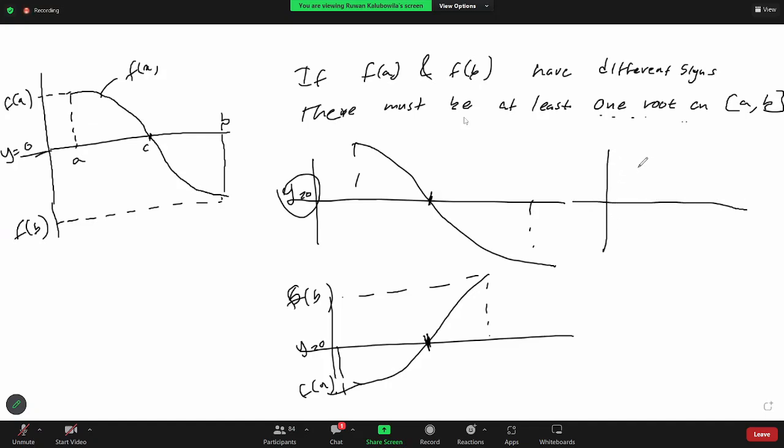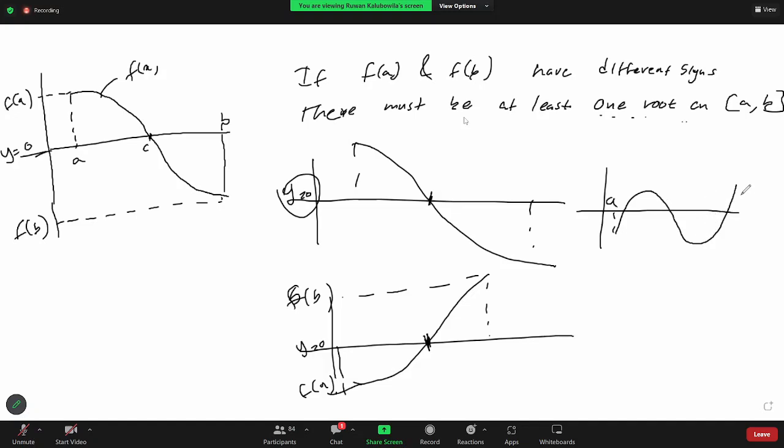Why? Let's take again the same kind of function. Let's take another one. You consider a as like this and b at this point.